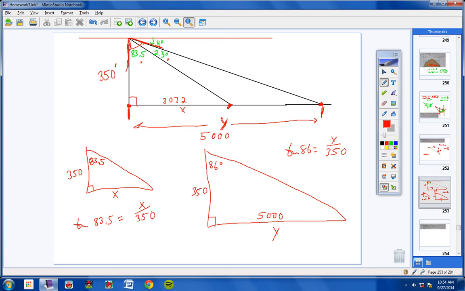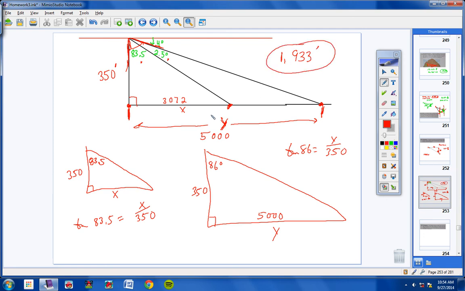1,933.3 is what I'm getting here on my calculator. Okay, so 1,933 feet. And of course, it also depends on where you've been rounding the whole way through this problem, students.